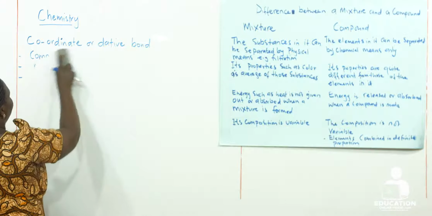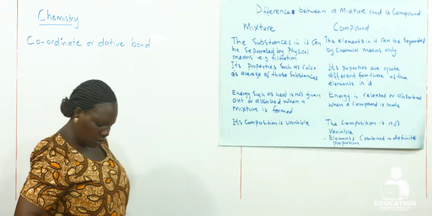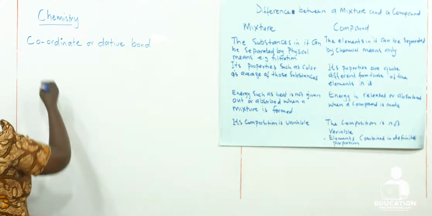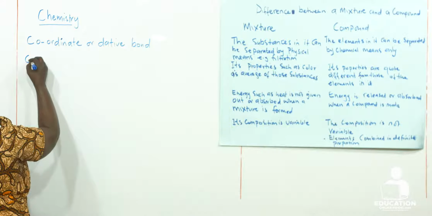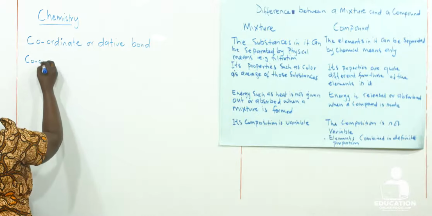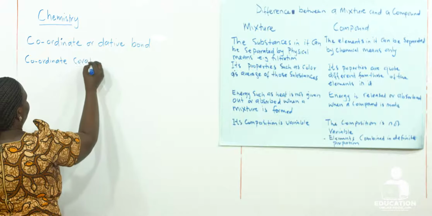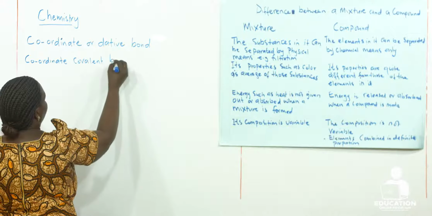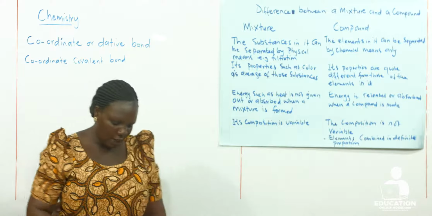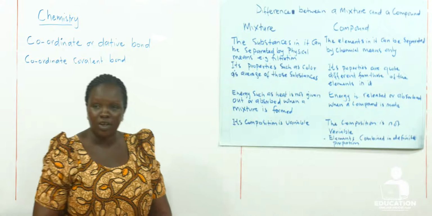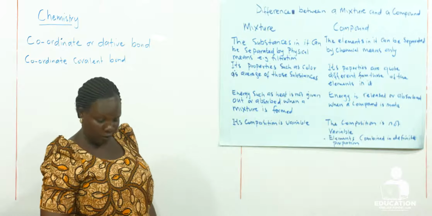So what is coordinate or dative bond? Coordinate or dative bond, or sometimes it is called coordinate covalent bond. So it is similar to covalent bond in a way that it also involves sharing of electrons.